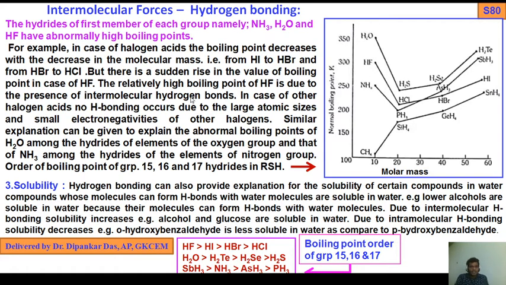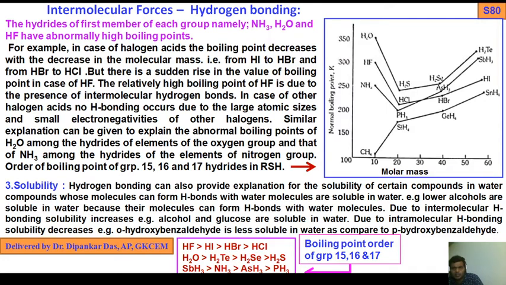Again, in the case of halogen acids, no hydrogen bonding occurs due to the large atomic size and small electronegativity of the halogens. A similar explanation can be given for the abnormal boiling points of water among the hydrides of the oxygen group and that of ammonia.